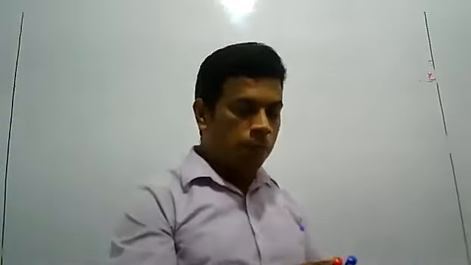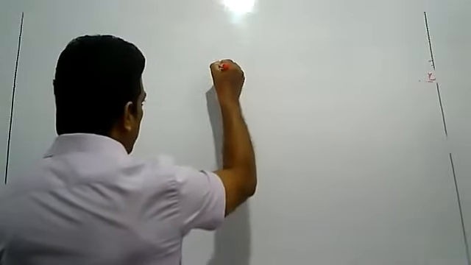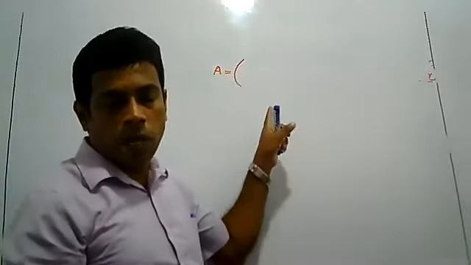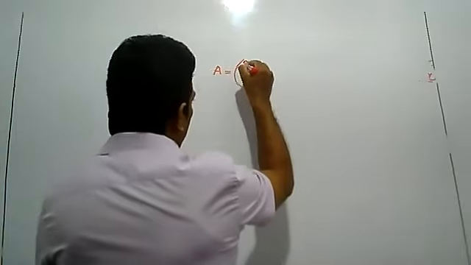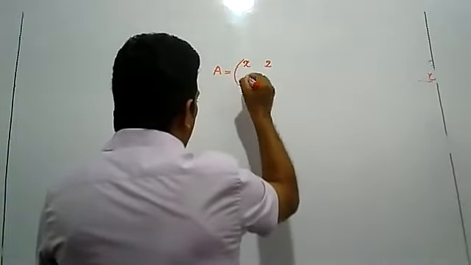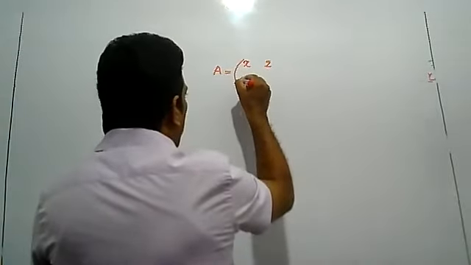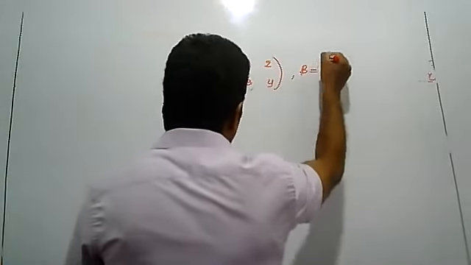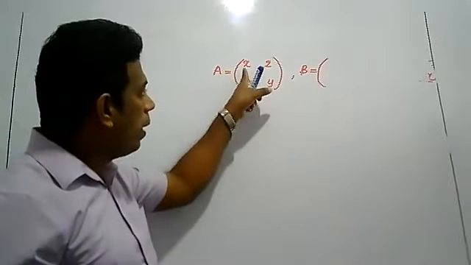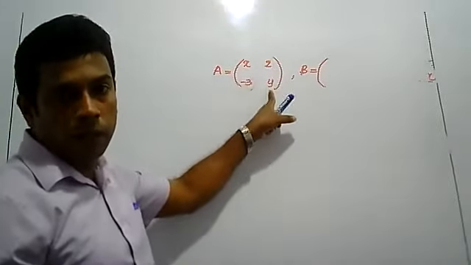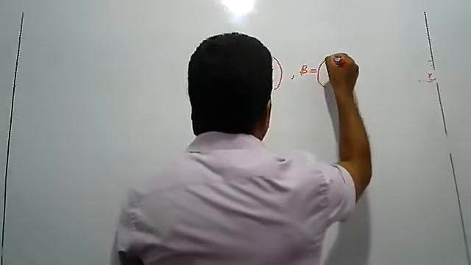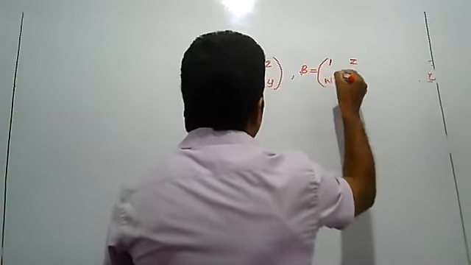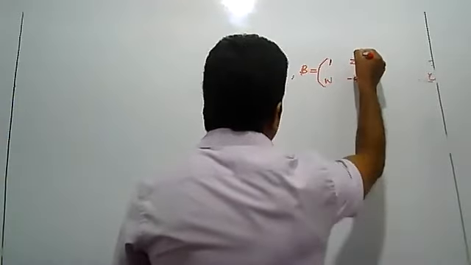Look here, I will write matrix A, a square matrix of order 2 by 2, with elements x, 2, x2 minus 3y. Then I will write matrix B, with elements 1, set, W minus 4. These are the elements.